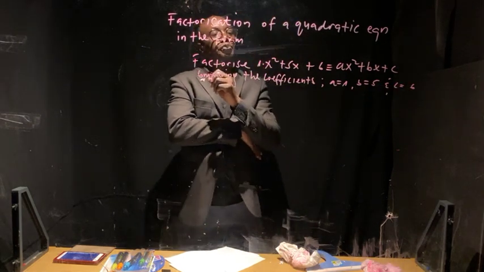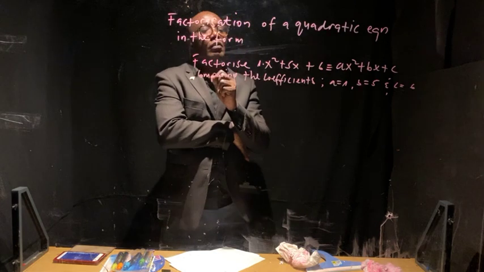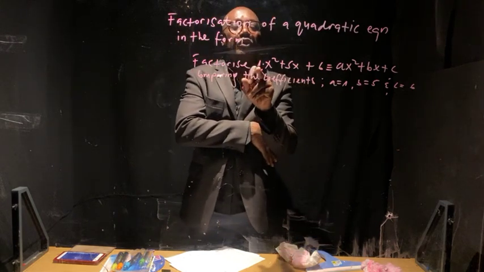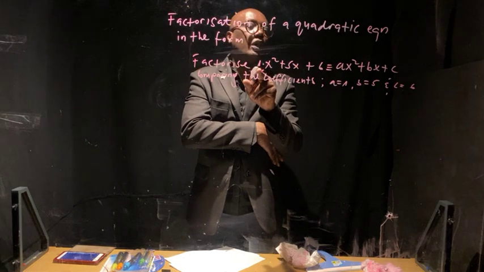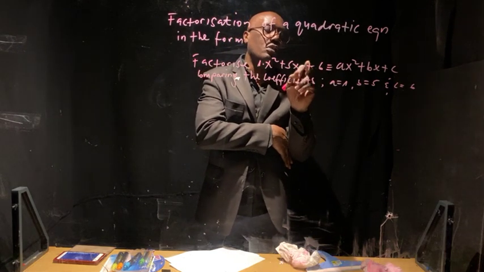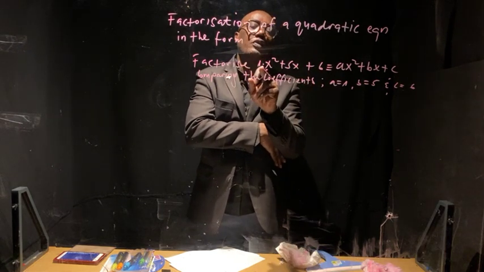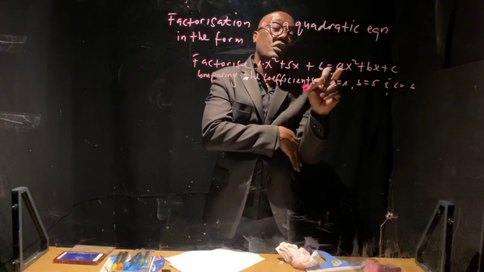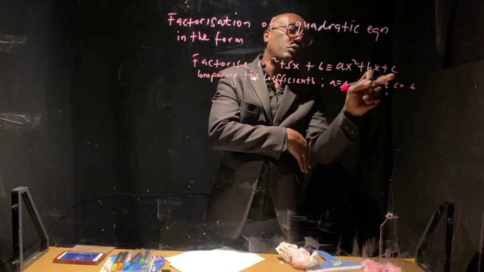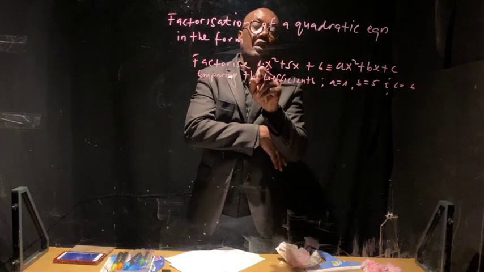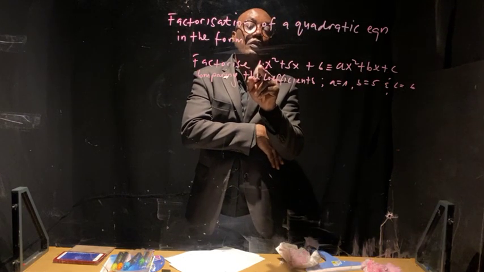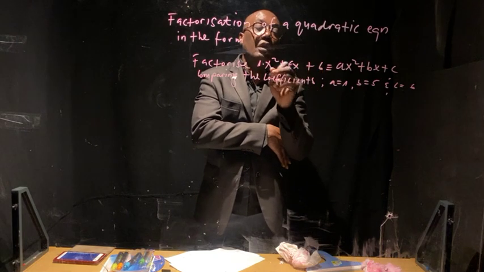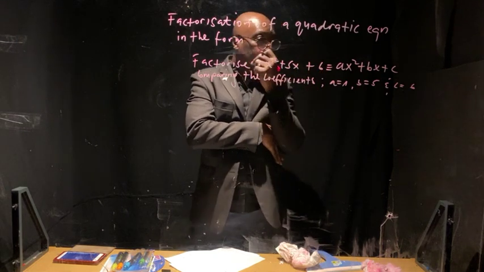Very good. If you have a quadratic equation like this, you always multiply the coefficient of x squared, which is a, to the constant. So if you look here, the coefficient of x squared is 1. If we multiply it to the constant, we have 6. Then we are going to deal with 6.